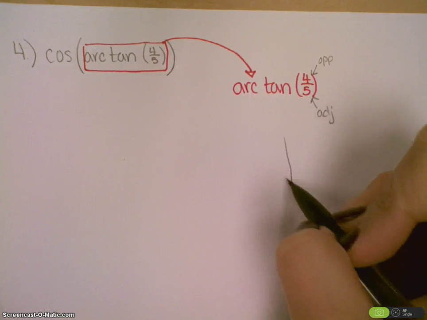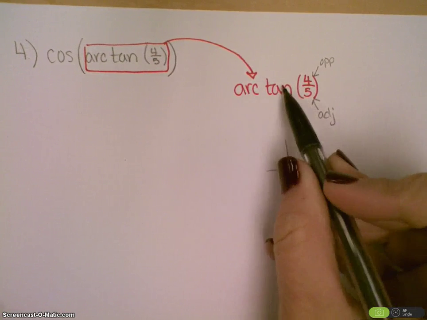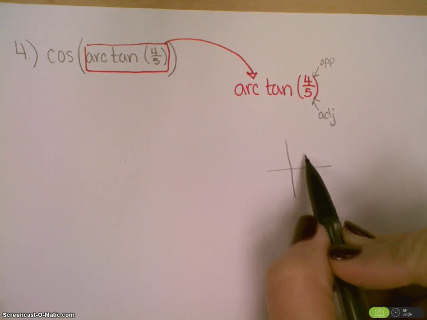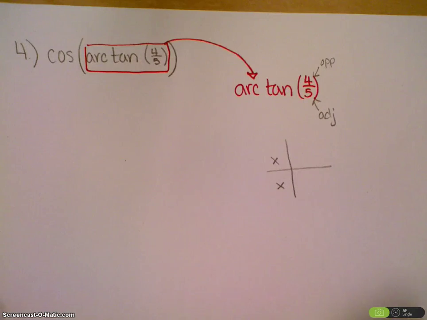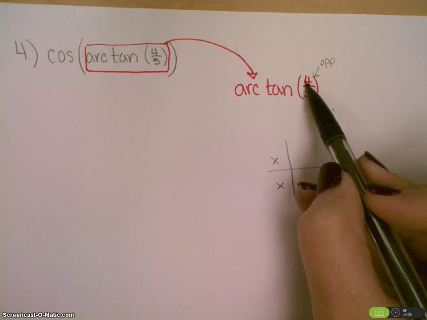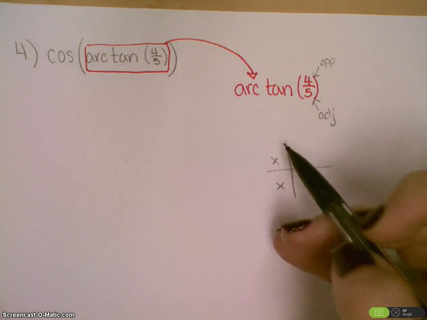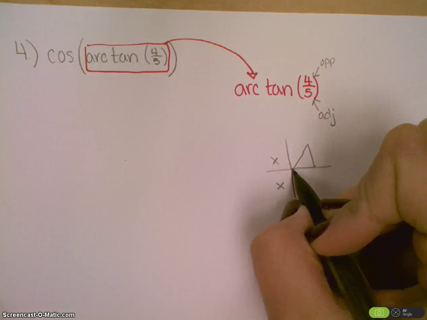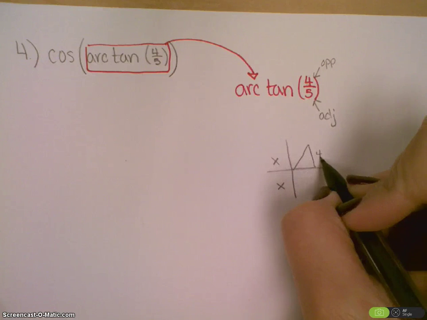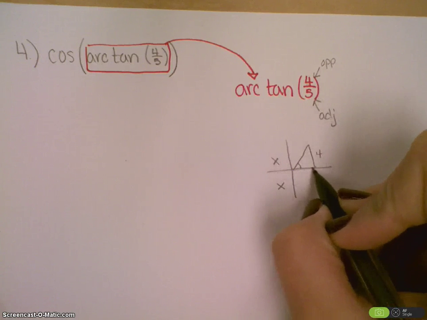So when we go to draw our picture, and the arc tangent is a restriction on the first and fourth, so I'm crossing out the second and third. If we have an opposite that's positive and the adjacent is positive, it must be in the first quadrant. So the opposite is 4. The adjacent side is 5.